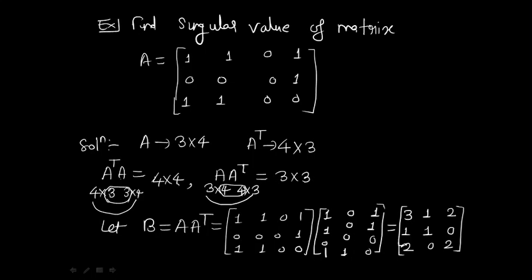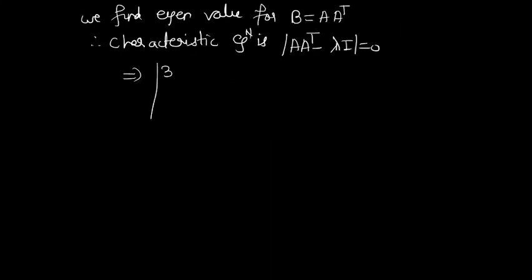Corresponding to this matrix, we will find the characteristic equation. So what will it be? 3 minus lambda, then we have 1, then 2, then 1, 1 minus lambda, then 0, 2, 0 and 2 minus lambda, equal to 0.